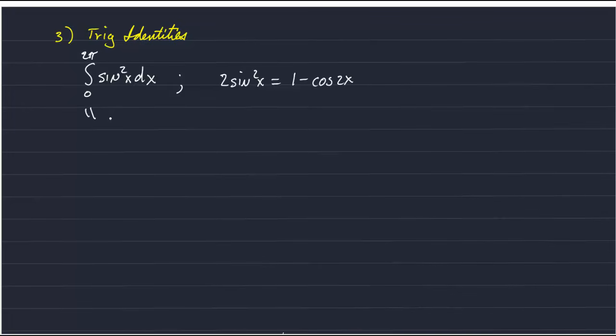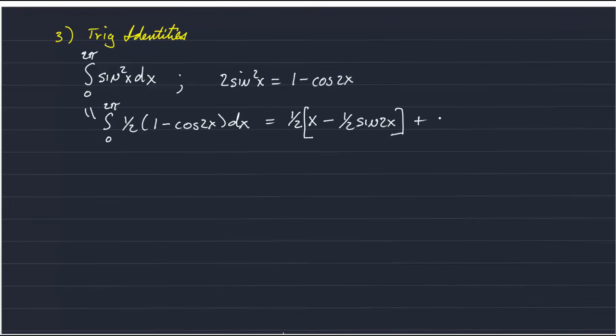And by doing that substitution, we get the integral from 0 to 2 pi of 1/2 times 1 minus cosine 2x dx. And that is equal to 1/2 times x minus 1/2 sine 2x plus our constant.